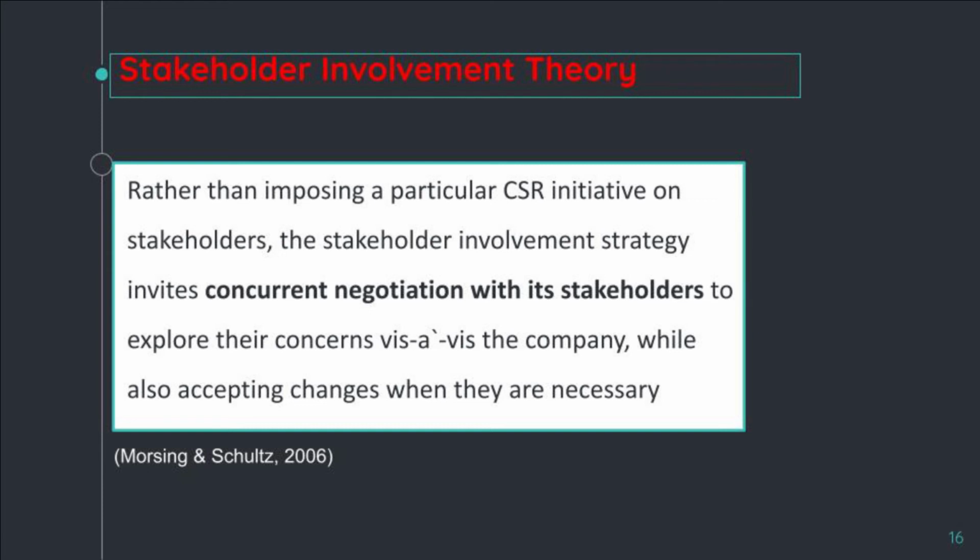By engaging in dialogue with stakeholders, the company ideally ensures that it keeps abreast not only of its stakeholders' concurrent expectations, but also of its potential influence on those expectations, as well as letting those expectations influence and change the company itself.